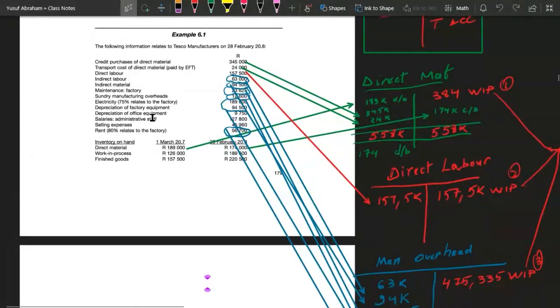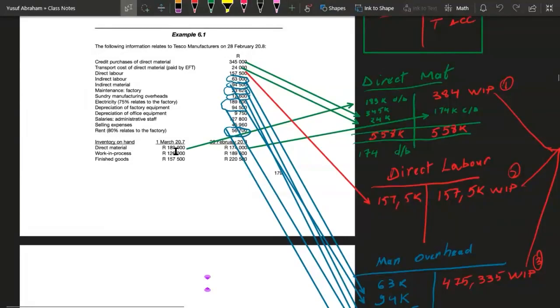You have inventory on hand. Remember, the following information relates to Tesco manufacturers on the 28th February of 2008. But what happened in 2007? They tell you that this is what was left from 2007. So these amounts will be beginning balance for 2008.